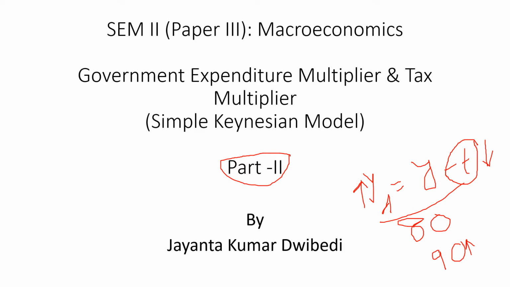You can consume more, you can save more, or you can do both. If with this additional 10 rupees increase in your disposable income you consume a part of it, then in any case that's going to increase the consumption expenditure of the economy.